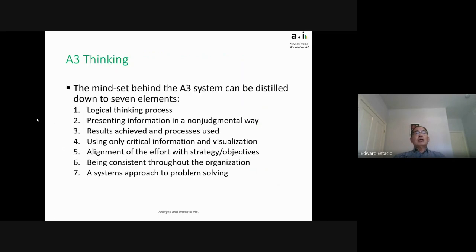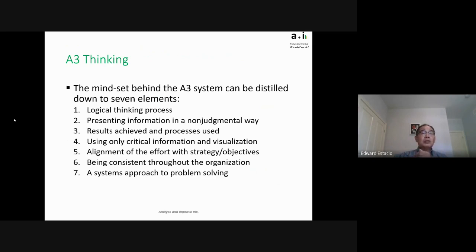So what is the mindset behind the A3 system? There are 7 elements. It's a logical thinking process. Because you have to identify the problems properly, you present information in a non-judgmental way. The reason is that you use the right data.